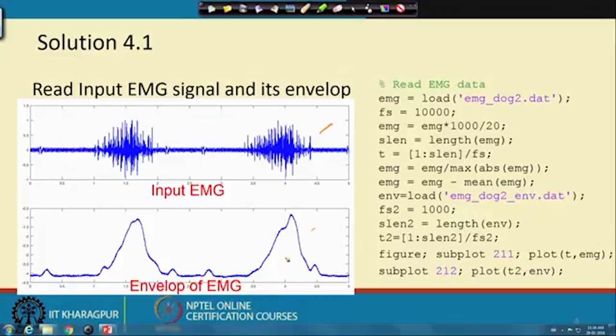We are supposed to get the envelope of the EMG signal, which should look like the target envelope provided to us. This one is the target, not derived from the EMG. It is given for reference.